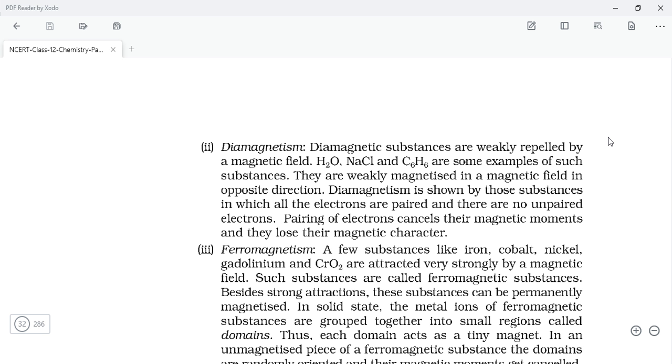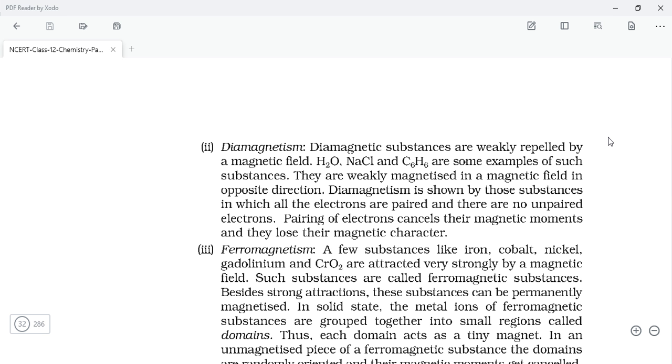Ferromagnetism. A few substances like iron, cobalt, nickel, gadolinium, and CrO2 are attracted very strongly by a magnetic field. Such substances are called ferromagnetic substances.